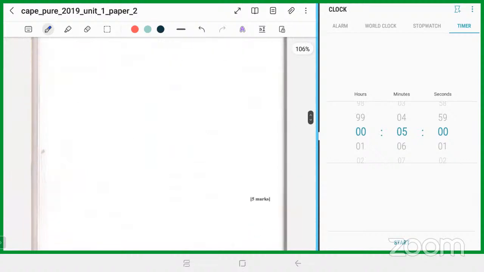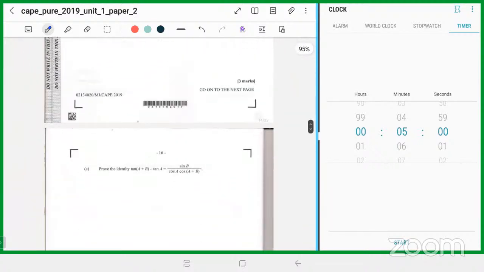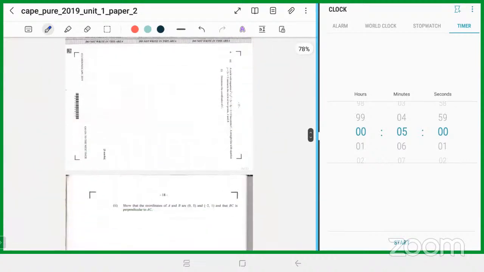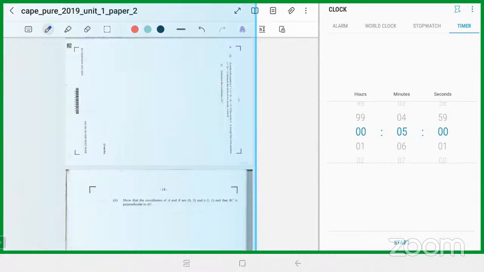All right, no more logs to do. Well, let's look at Applied Maths 2019 then, alternating between the Applied Maths and the Pure Maths.